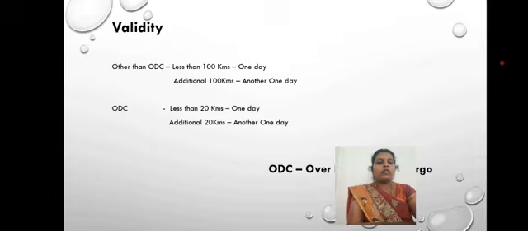If it is ODC and the transportation goes more than that, then with each additional 20 kilometers, another 1 day should be given.